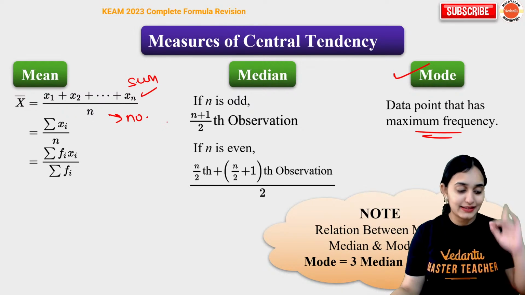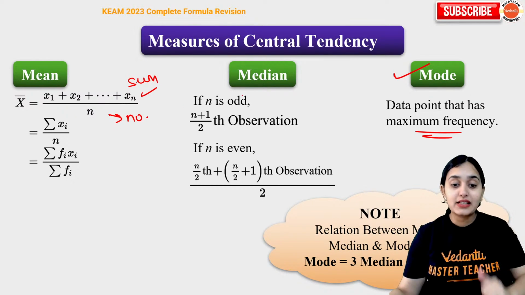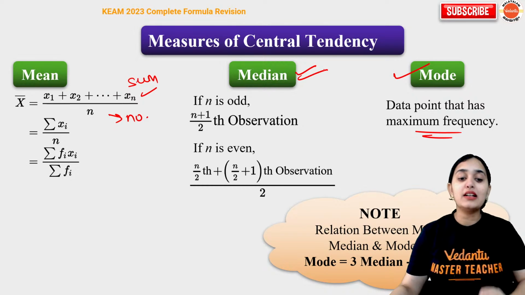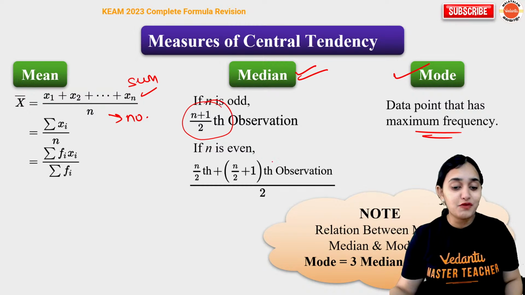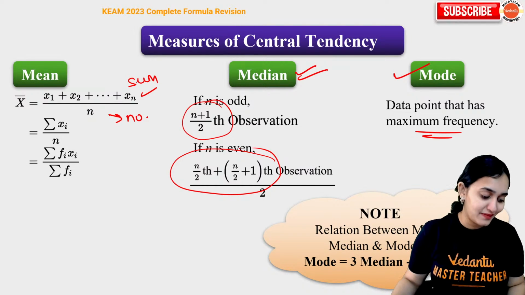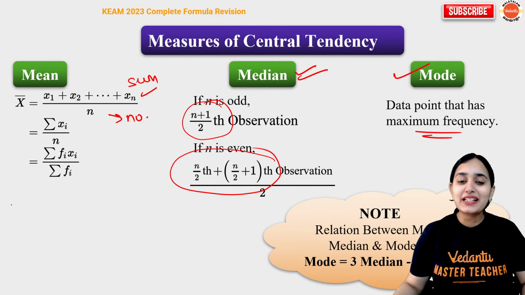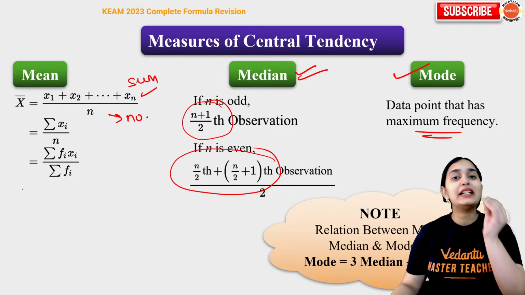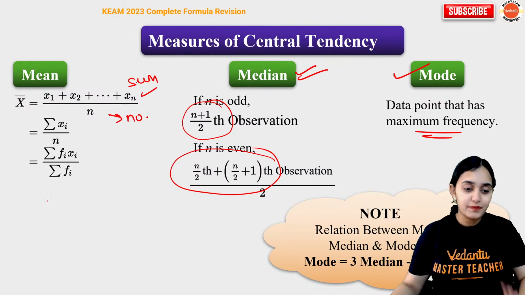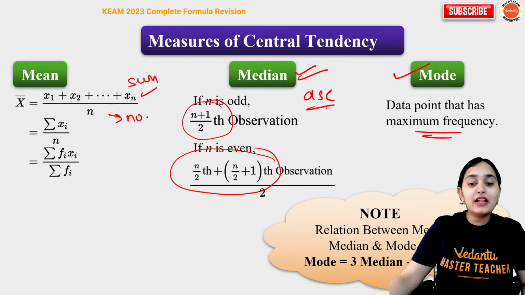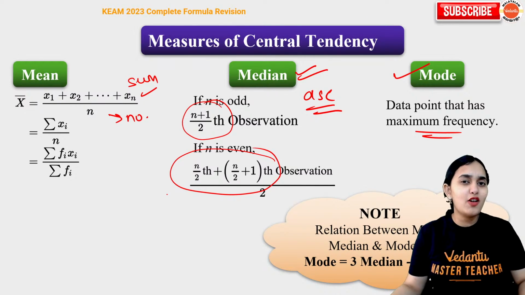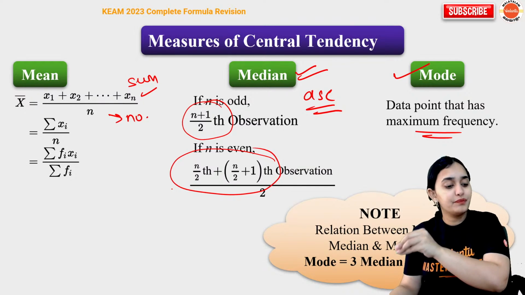Can you have two modes? Yes, remember. Next, what is median? Generally students get confused about median. Ma'am, we don't understand this formula, what it is trying to say. Are you also like that? Median is very simple. If you have data, arrange it in ascending order, small to big.